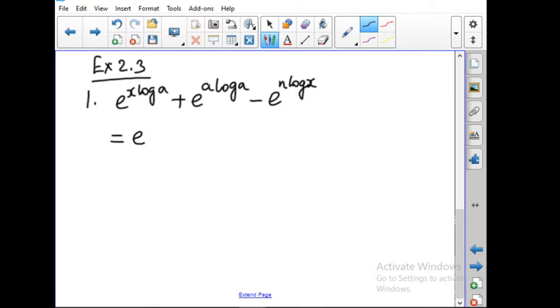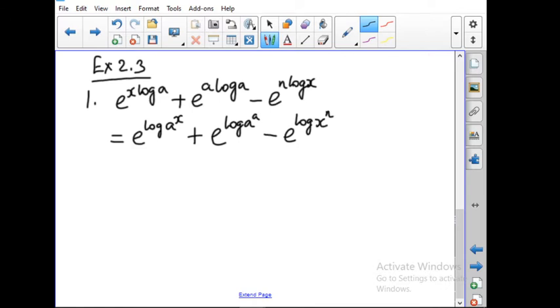Let us write down e power log. Using the power rule of logarithm, we can take this x to the power of x. So e to the power of log a power x plus e to the power of log x to the power a minus e to the power of log x to the power n.